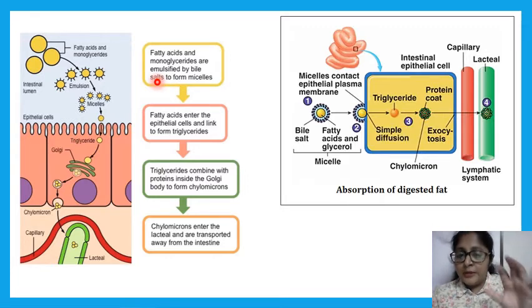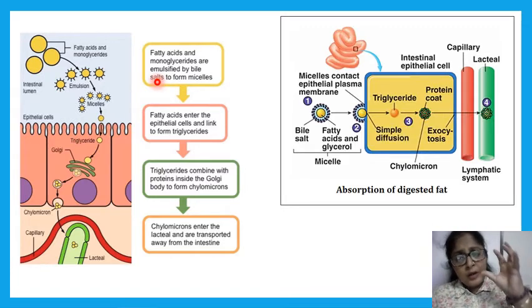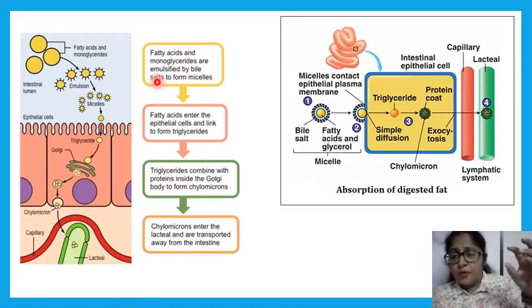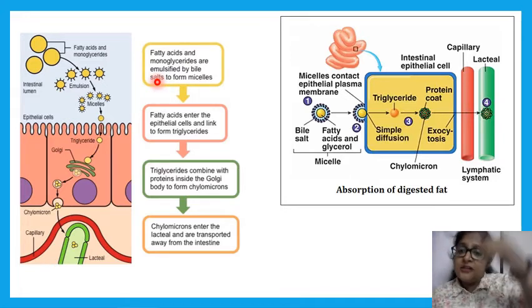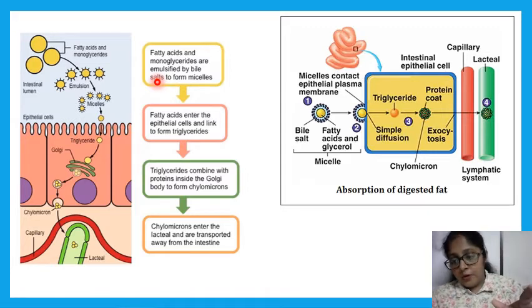In the previous slide we have seen what a micelle is formed of. Now this micelle takes the fatty acid, glycerol, and monoglyceride together. They cross the barrier. The bile salt is again reabsorbed, and the micelle is again broken down.